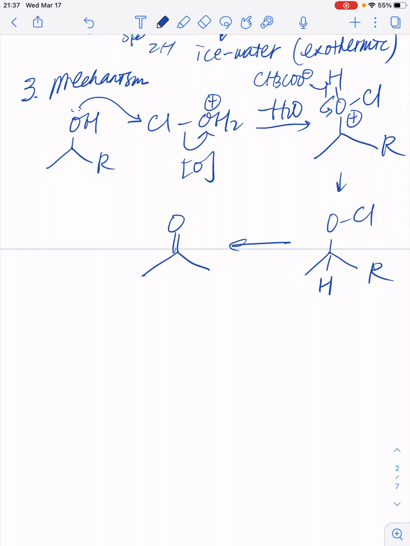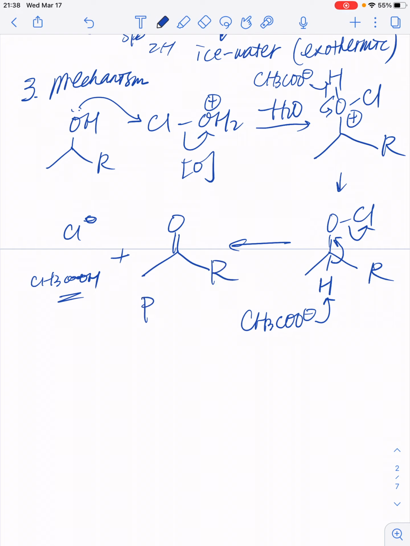Which falls into the category of elimination reaction that we're very familiar with. We're going to have either acetate or water to do the elimination. Restore the double bond, kick off chloride, and give us chloride and CH3COOH as a byproduct, right? Which formed the product that we desired. And this is going to be the mechanism.